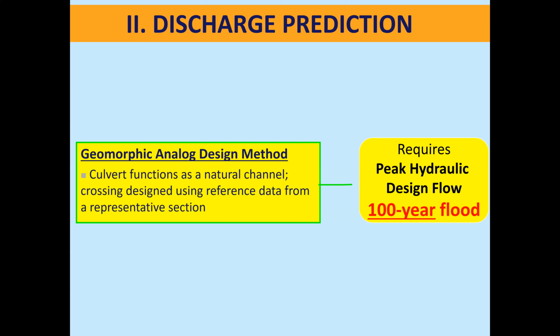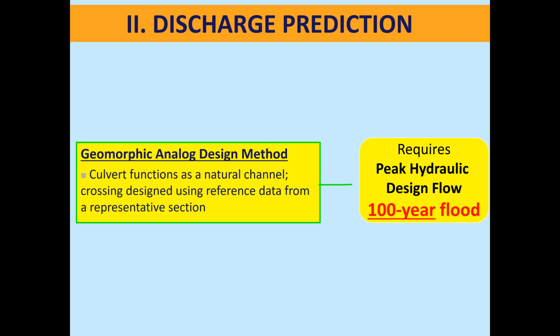So the 100-year event provides enough capacity to have a pretty safe infrastructure in terms of being safe during flood events, but also large enough that you can have sediment inside that can be stable and all that. So that's what we're designing to for the geomorphic analog design method.